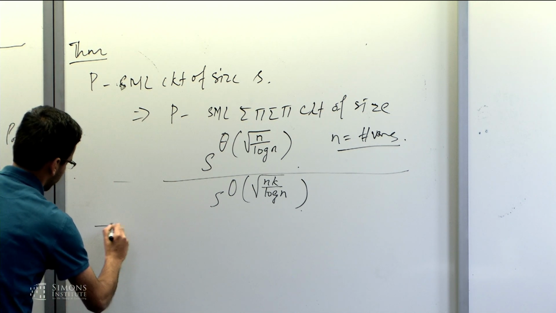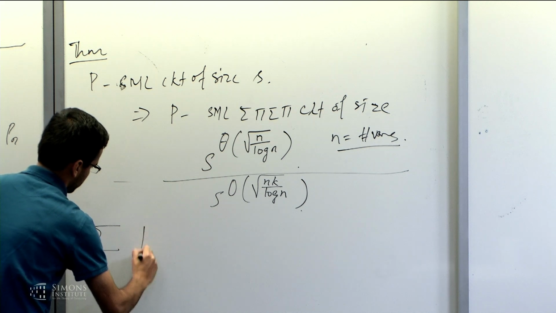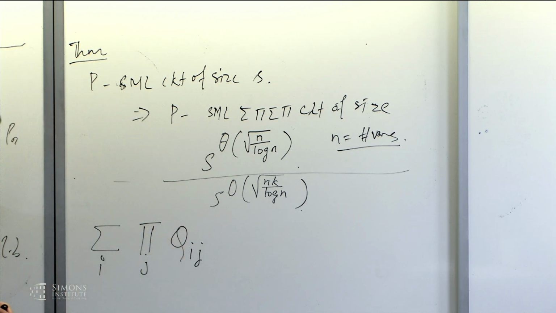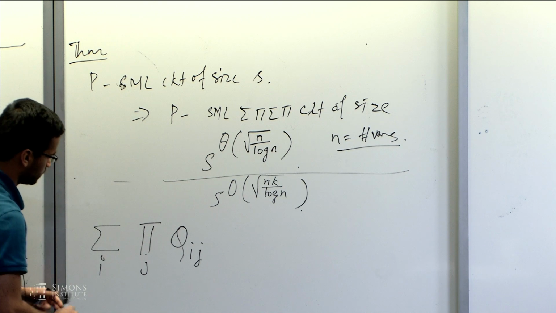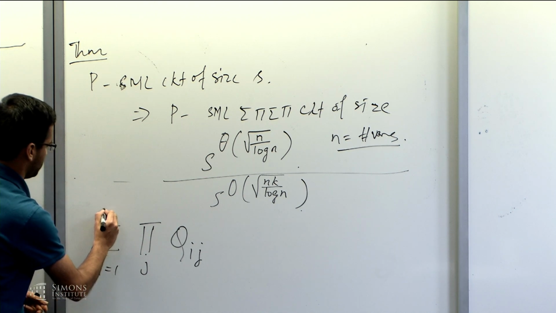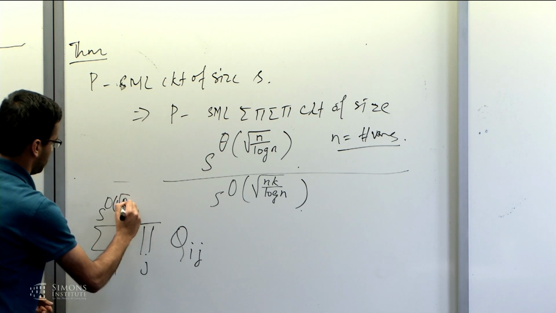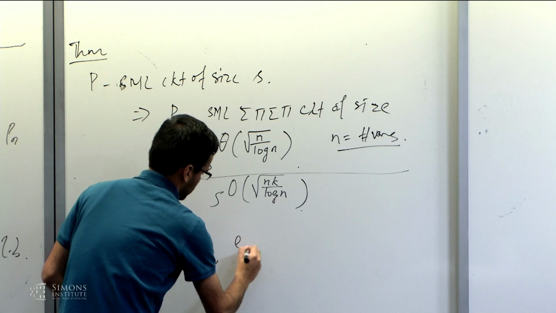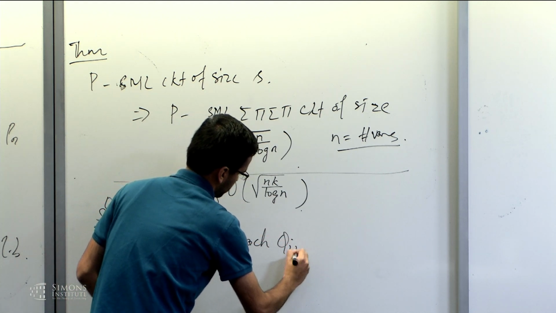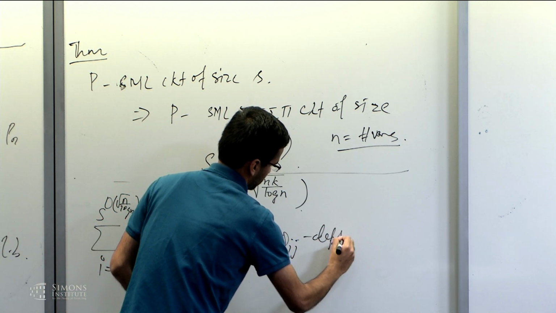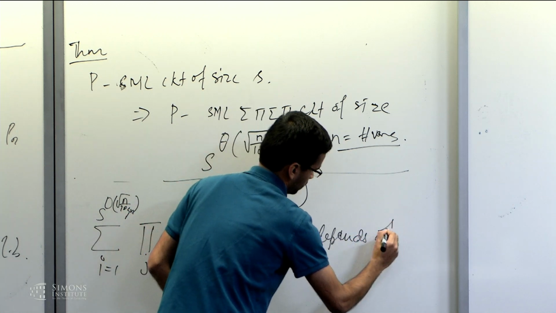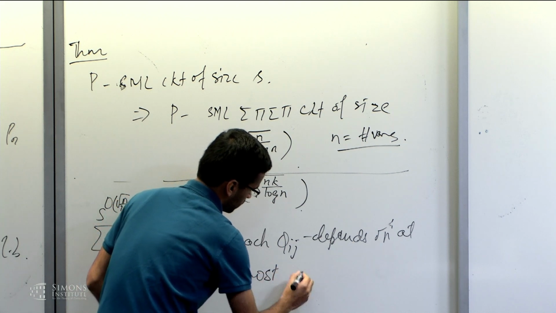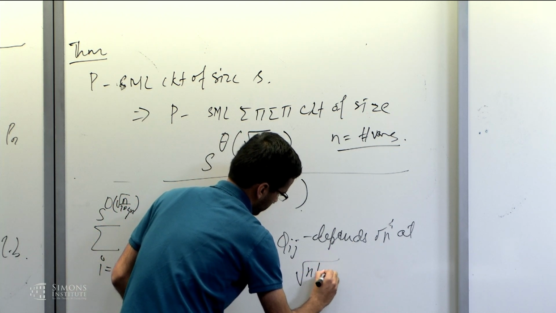The depth 4 circuit that you get is of the form sum over i, product over j, q_ij, where i goes from 1 to this bound of s to the order, and each q_ij depends on at most square root of n log n variables.